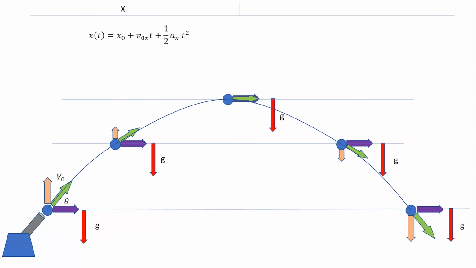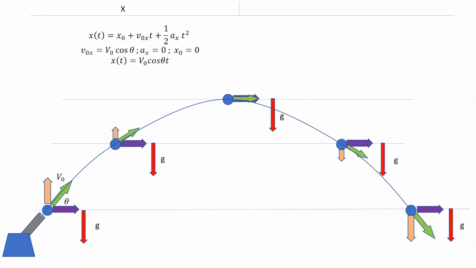If we want to get technical and put some math here, call the green arrow V0 when it launches. So we can analyze the motion in the X direction by using our kinematics formulas that we've derived earlier. Our initial velocity, well, that's the component of that green arrow that lies along the purple. That's V0 cosine theta. The acceleration in the X direction is 0, and we may as well say that it starts at x0.